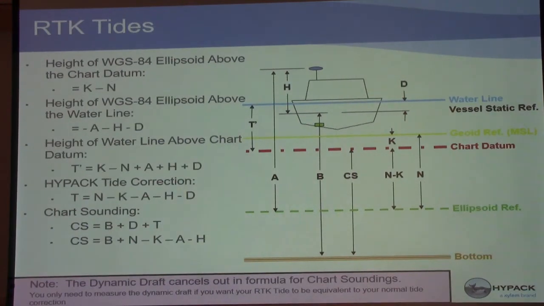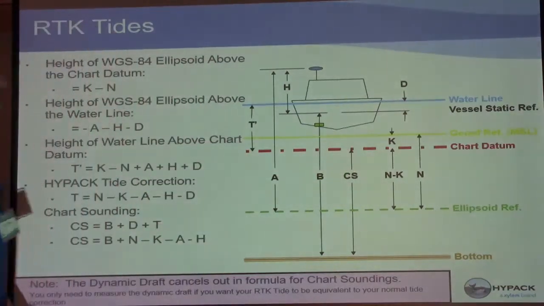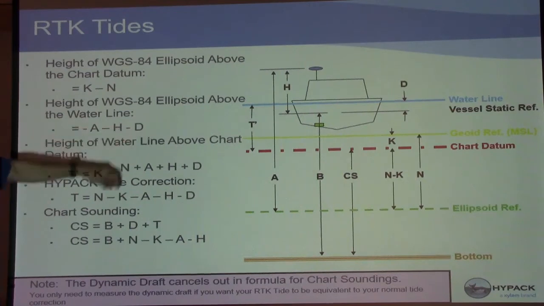All right, so now we get into the formulas. This makes more sense. With a KTD file, for example, we're concerned about the separation between chart datum and the ellipsoid reference, and that would be the K minus N. And then the height of WGS84 above the water line is minus antenna height, minus ellipsoid height, minus depth.